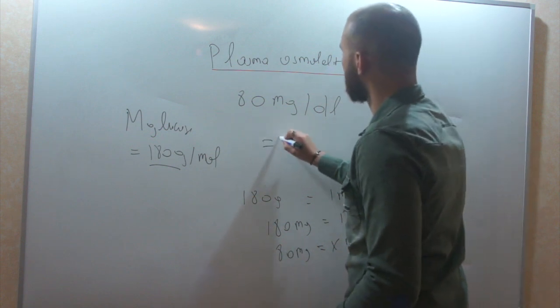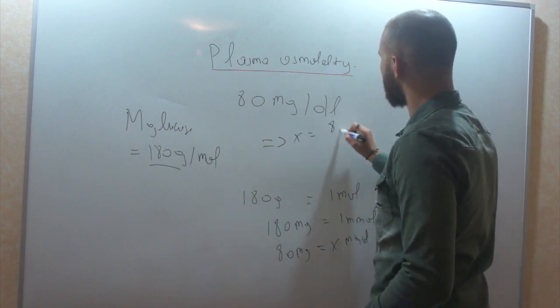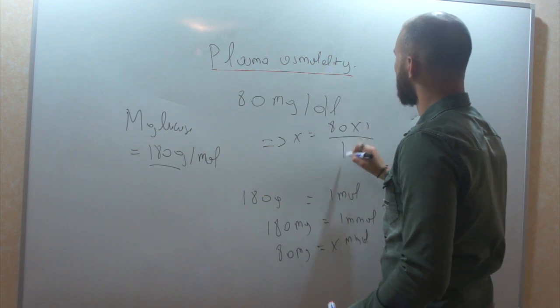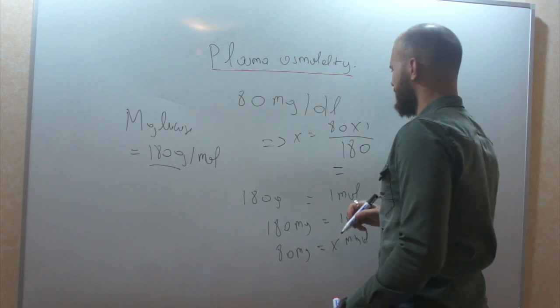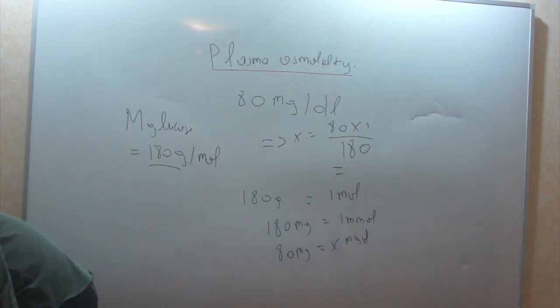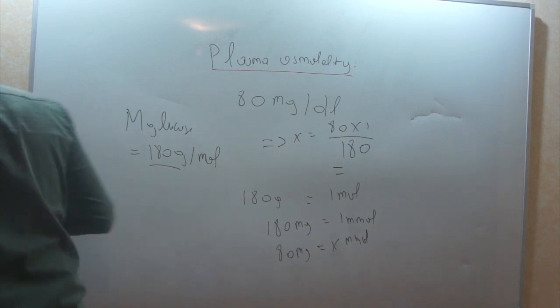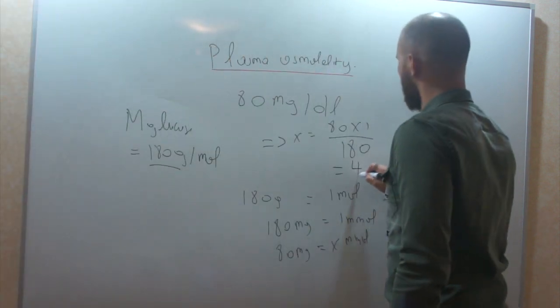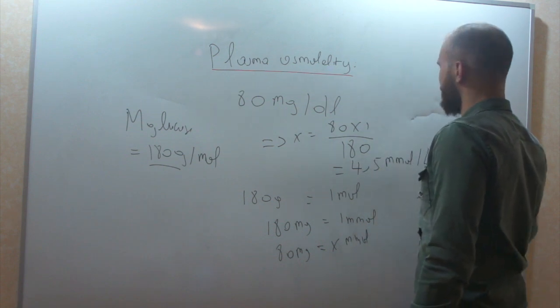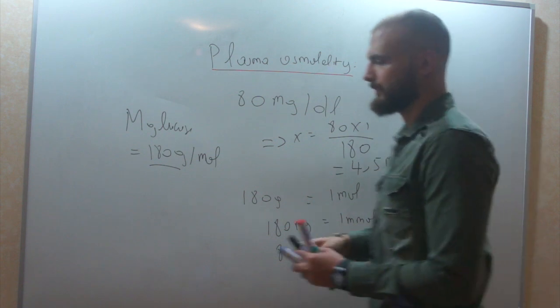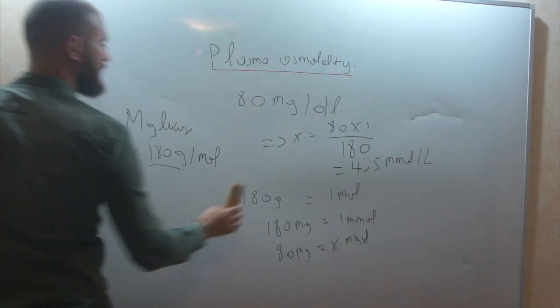So X equals 80 multiplied by 1 divided by 180. I think it's 4 or something. I have the answer here, I'm just looking. It's 4.5 millimole per liter.